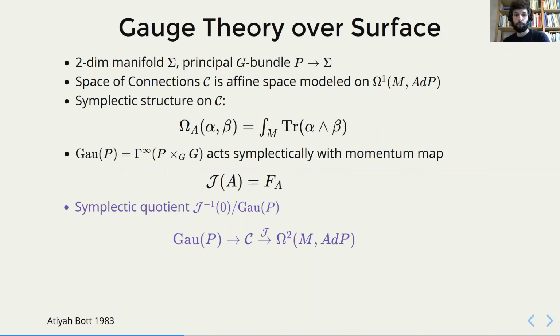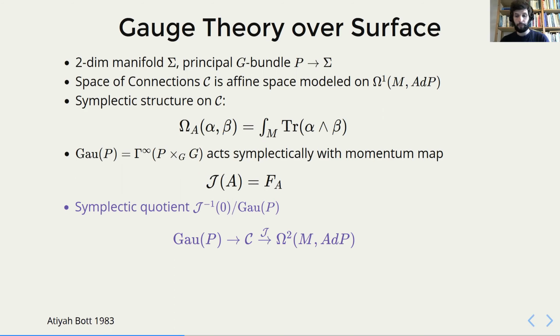For example, you can look at the symplectic quotient, and this would then be the space of flat connections modulo gauge transformations. And if you view this as a kind of nonlinear complex, in the spirit of what Eugene told us yesterday, you have gauge transformations acting on the space of connections, and then because the momentum map is equivariant, you get a map from connections to the two forms with values in the adjoint bundle.